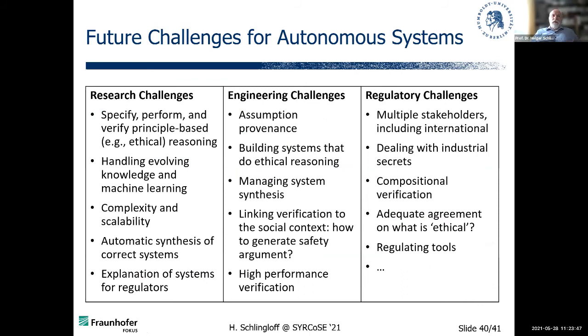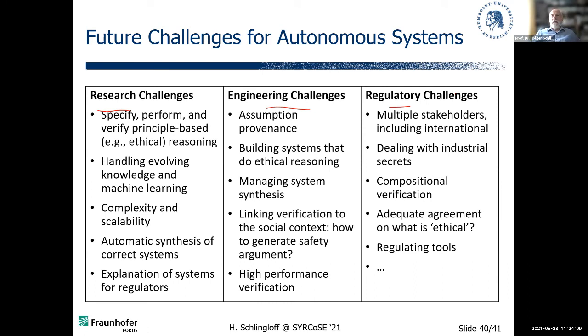Coming back to the original paper and towards the end of my talk, in the paper on autonomous systems, we identify some challenges on the research side, on the engineering side, and on the regulatory side.